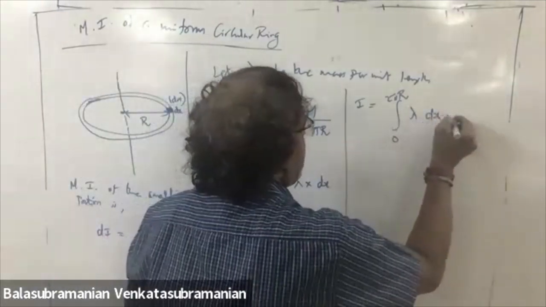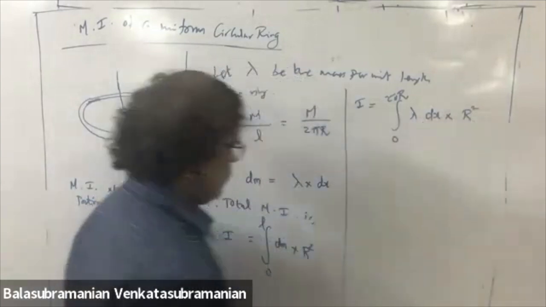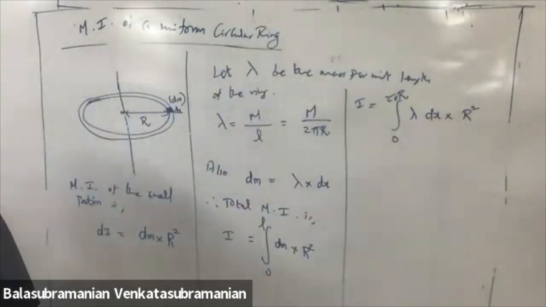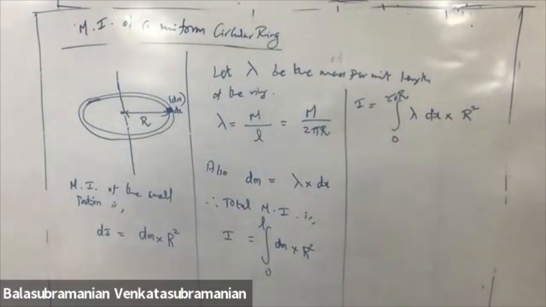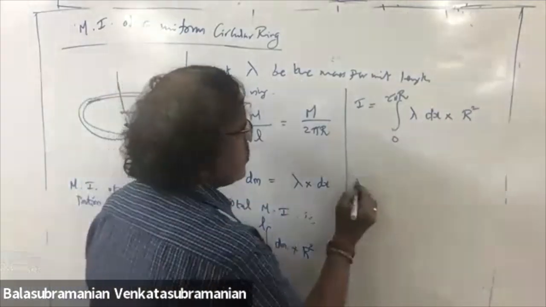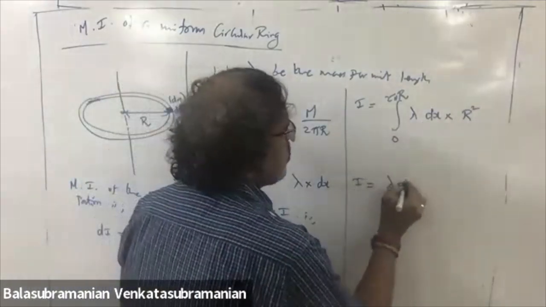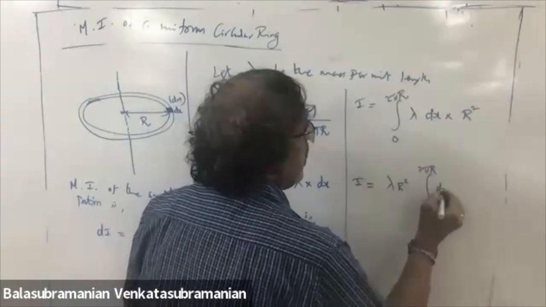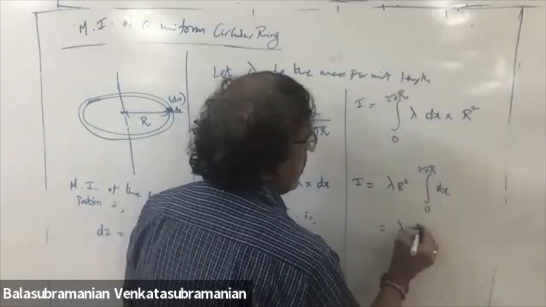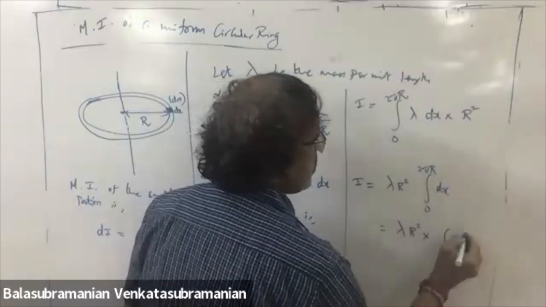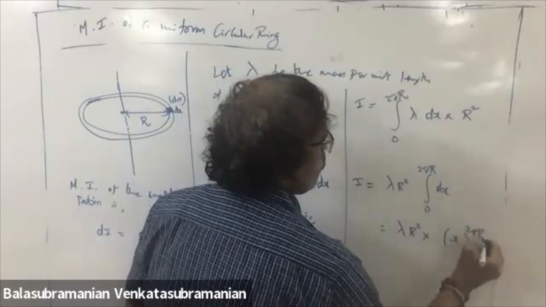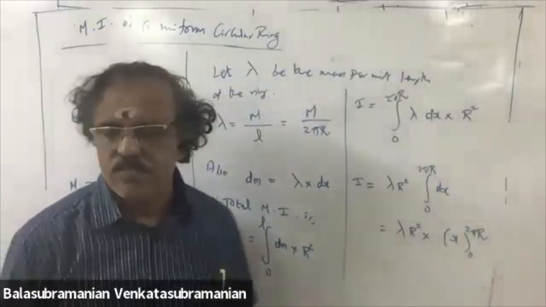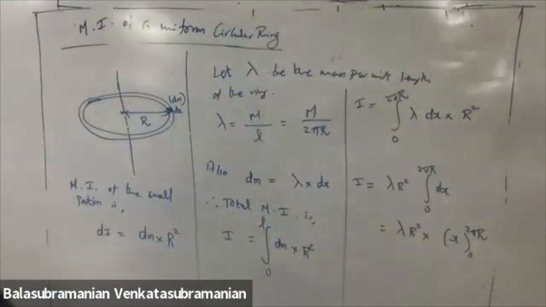Lambda into dx into R square. Correct? So I is equal to lambda R square, take it out, integral from 0 to 2 pi R of dx. Lambda R square into the integral of dx, which is x from 0 to 2 pi R, upper limit minus lower limit.